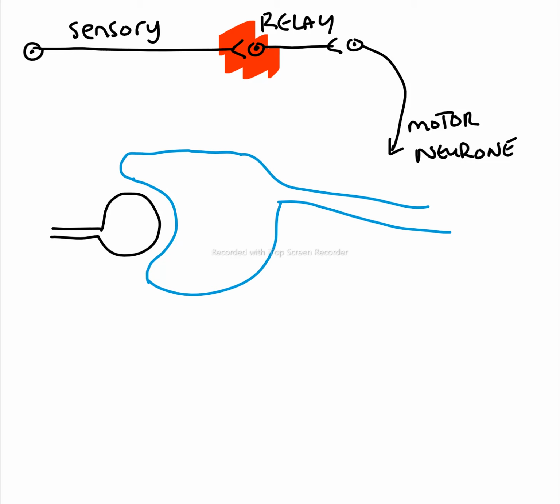So let's say that's your sensory neuron, and this is your relay neuron. These are the two. There's a gap. When an electrical signal comes here, how does it jump across and set off another one down here?